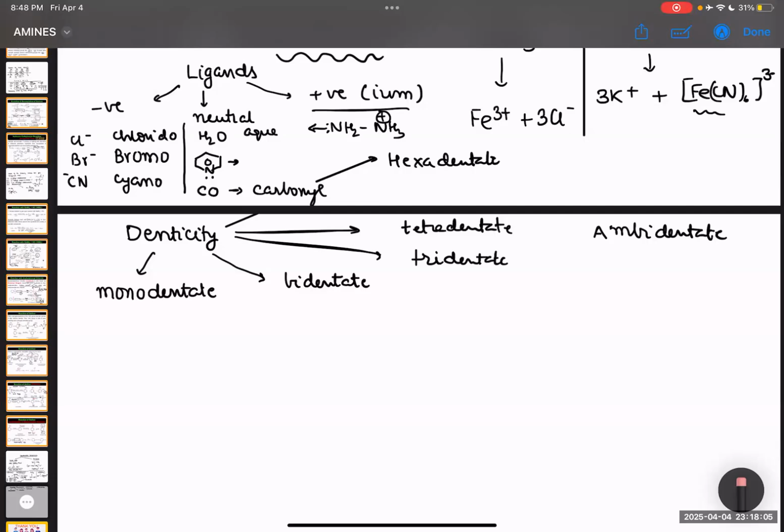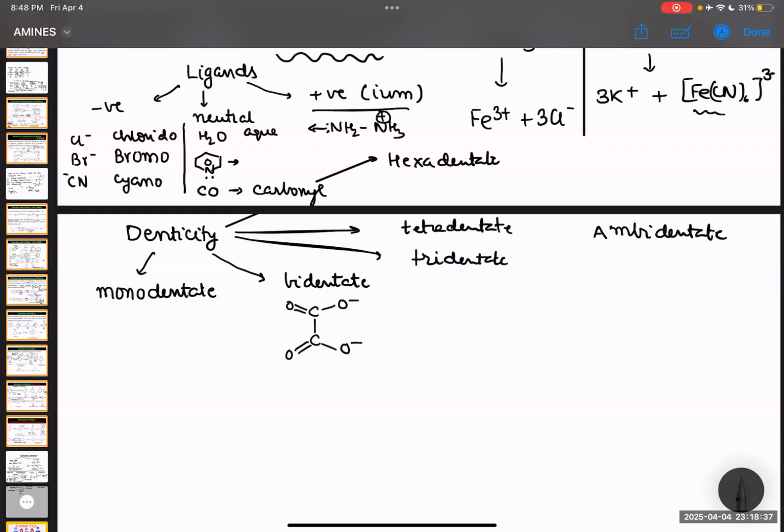Meera and Upasana, can you give me an example of bidentate ligands which carry two lone pairs? Any idea? Oxalate. Oxalato. Yeah, it is negatively charged, so I'm going to write it as oxalato. Correct. Very good.